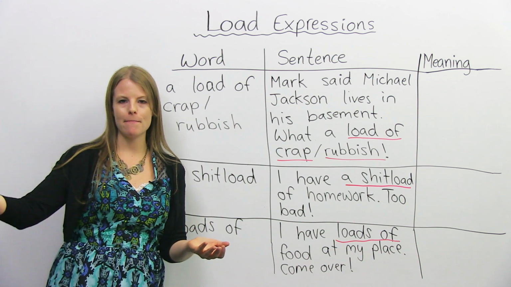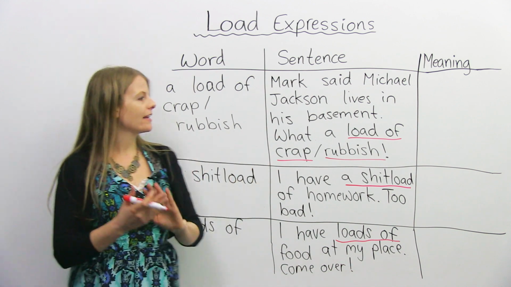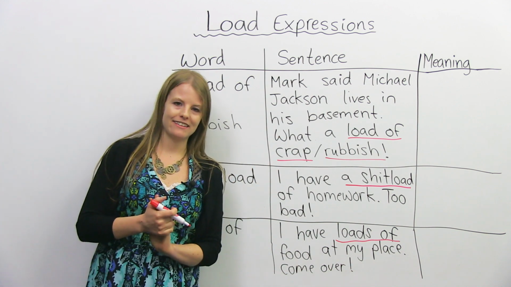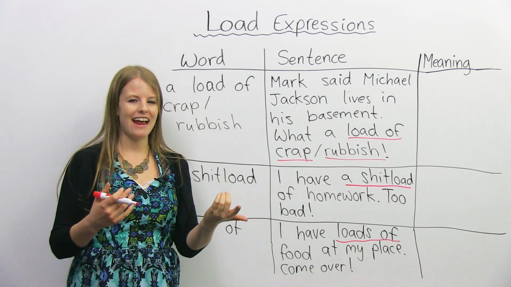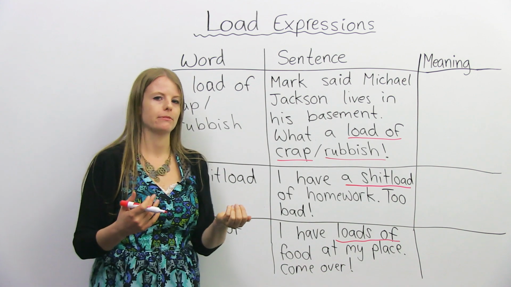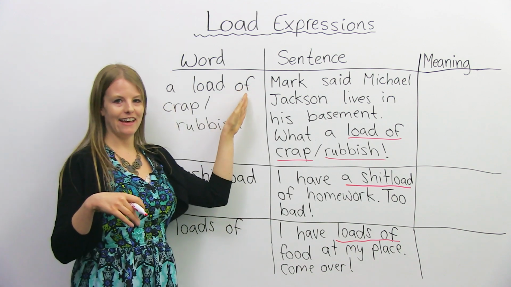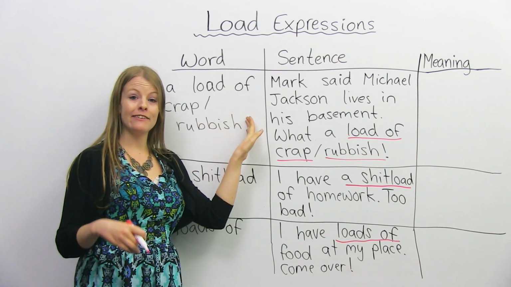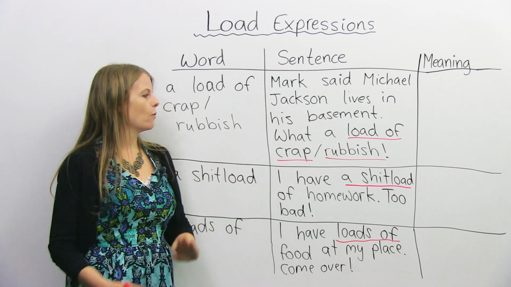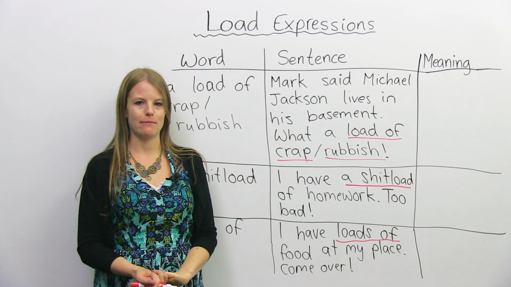So let's look at our sentence and try to figure out if this is a noun, an adverb, an adjective, or a verb. My sentence is, Mark said Michael Jackson lives in his basement. What a load of crap, or what a load of rubbish.